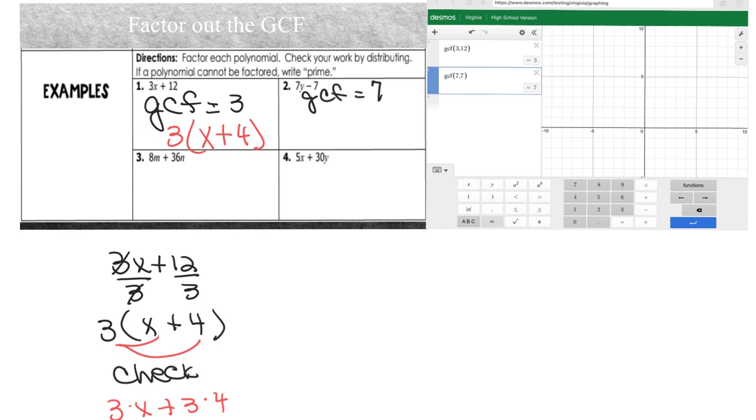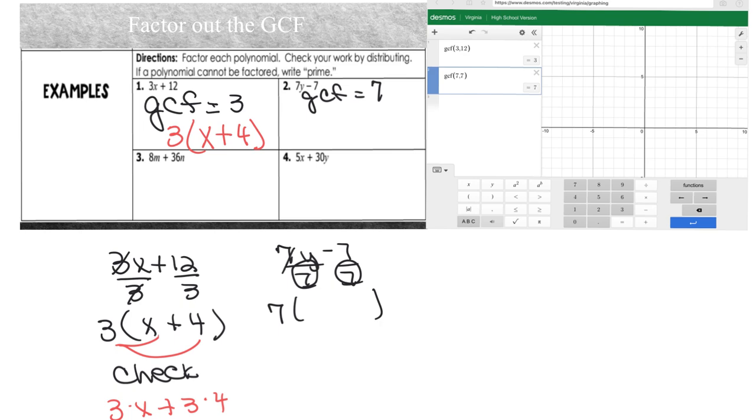I'm going to take the original problem. I'm going to divide it by 7. And my answer is going to be the GCF, which is what's on the bottom, outside of parentheses. And inside the parentheses, we are going to simplify and divide each term by 7.